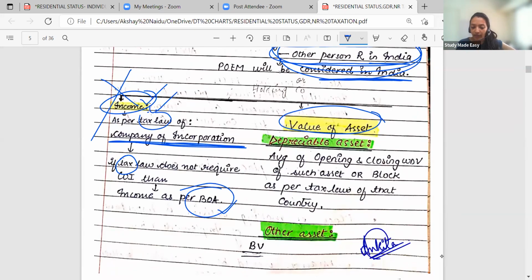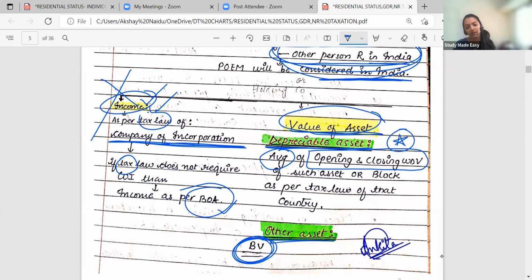Then value of asset. If it is depreciable asset and if it is non-depreciable asset. For non-depreciable asset, obviously the book value would be considered. But when it comes to depreciable asset, you have to take the average of opening closing WDV from the block of asset of that country. Is there any question on this till now? No. But can we expect a MCQ like this?